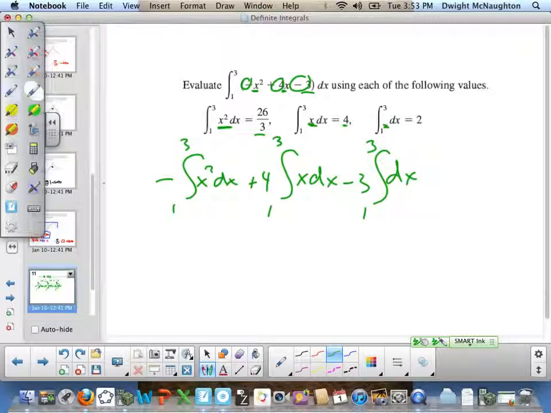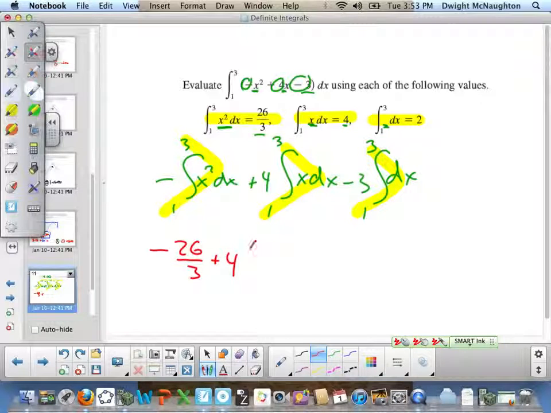All right, now we know these pieces here. So we'll replace those. This becomes negative 26 thirds plus 4 times 4 minus 3 times 2.